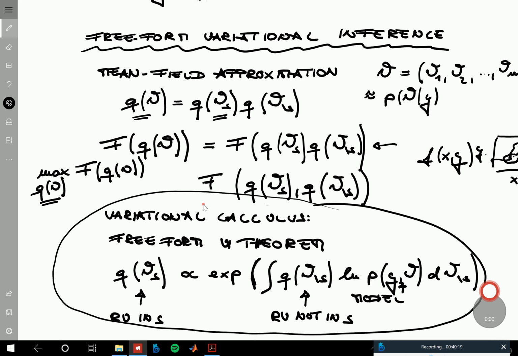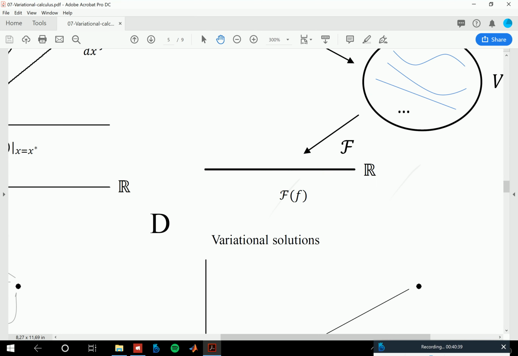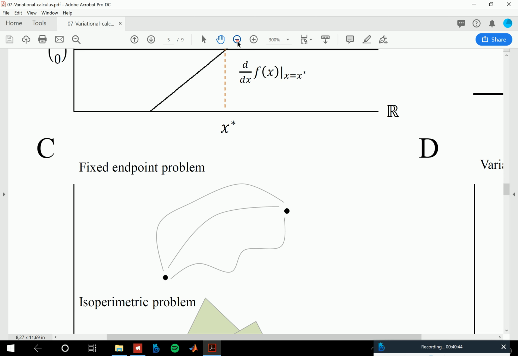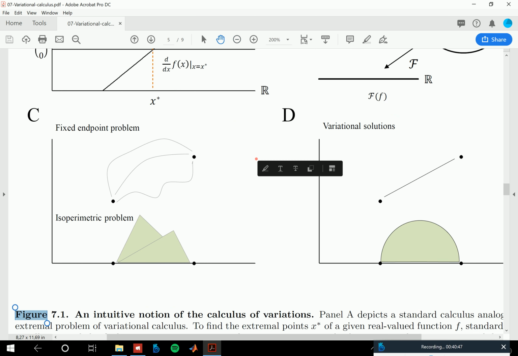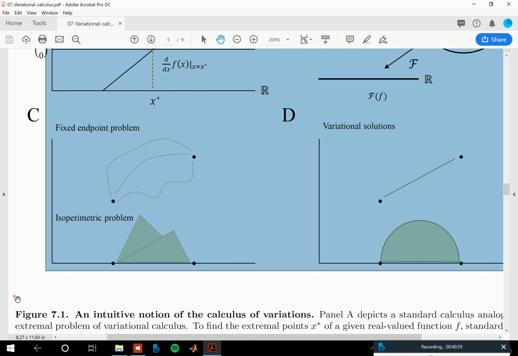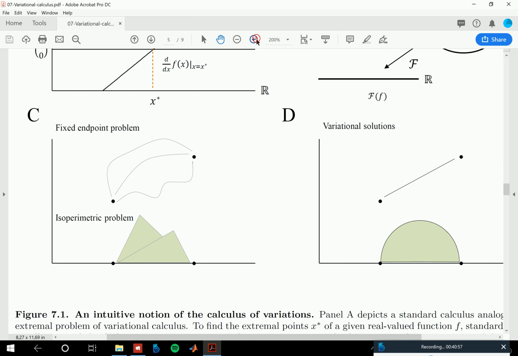We want to find the maximum of the free energy functional. And the argument that maximizes the variational free energy is, of course, the variational distribution that we are interested in. For this, variational calculus has developed a language and methods, and there are two things that are quite relevant for the case that we are dealing with.